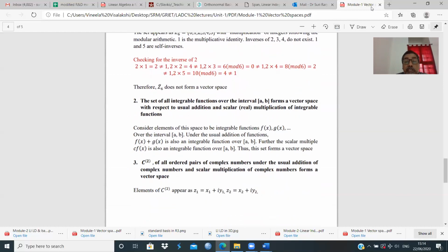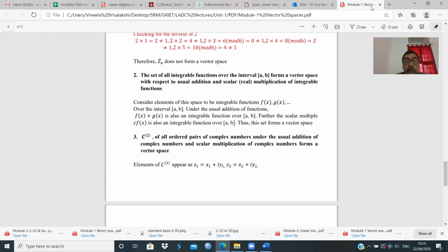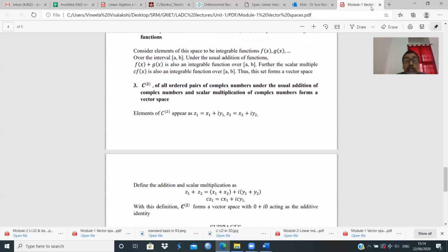The second example is straightforward. The set of all integrable functions over the interval a comma b forms a vector space with respect to usual addition and scalar multiplication. Similarly, the third exercise, in which we are talking of all complex numbers, which are generally called the C2 space.